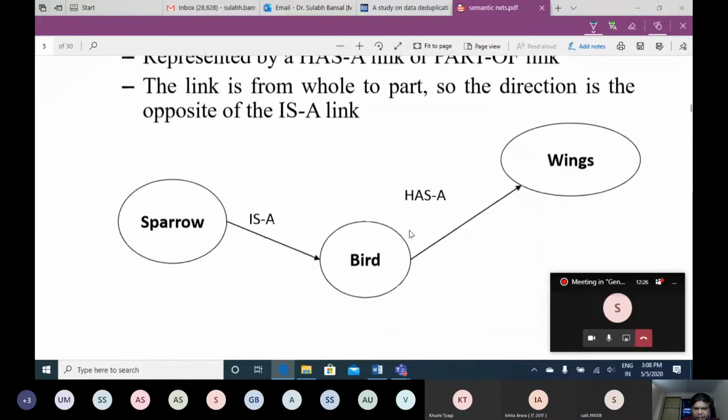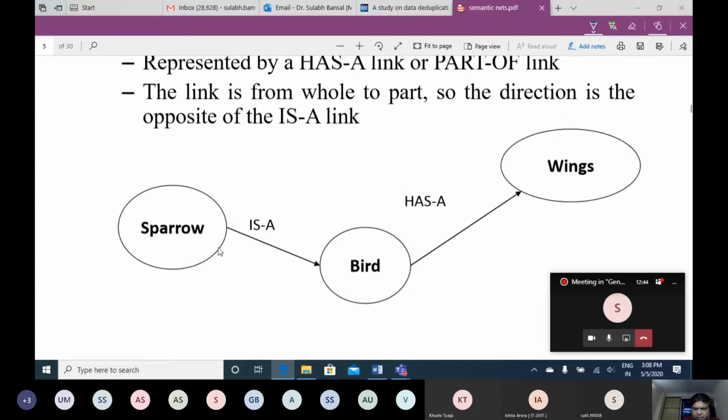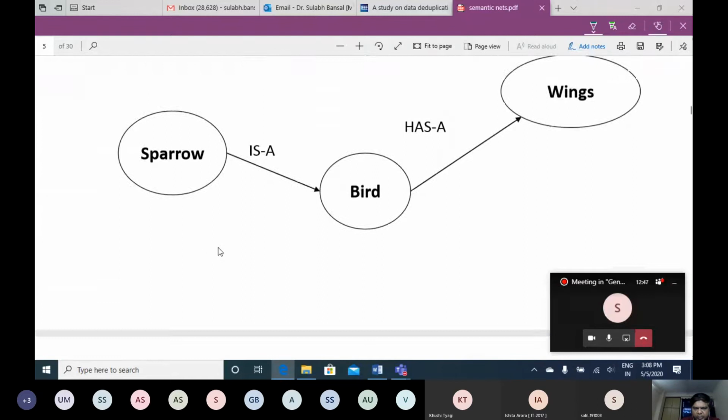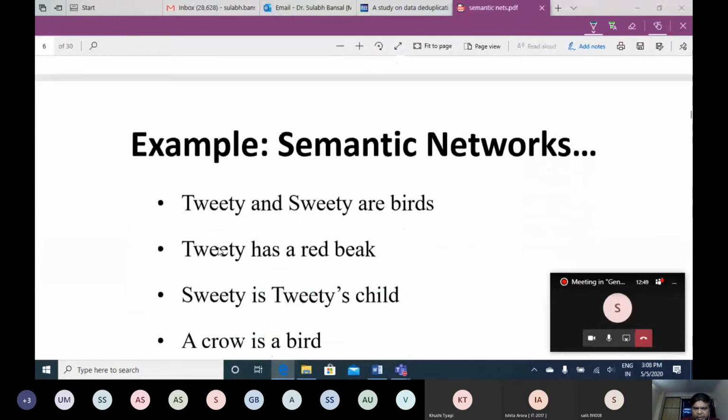So we can just add has a property in the bird class, wings. Since every bird has wings, and since sparrow is a bird, automatically wings become a property of sparrow also. That's how we represent the semantic networks.